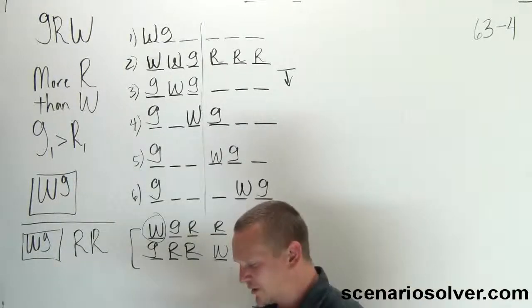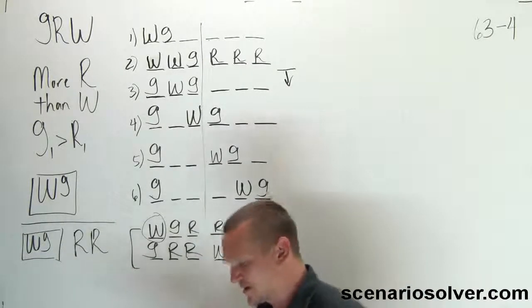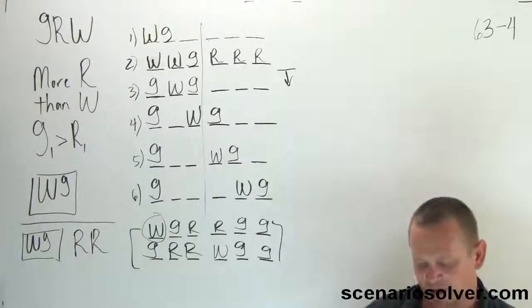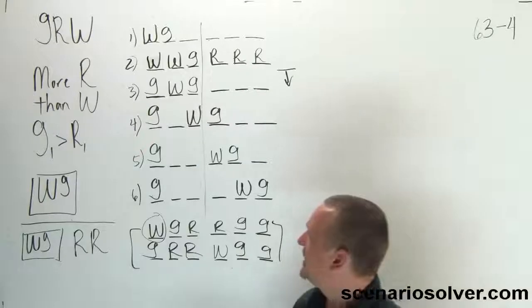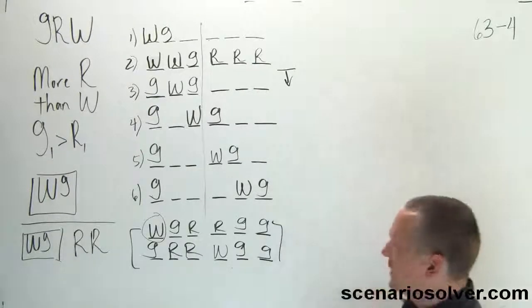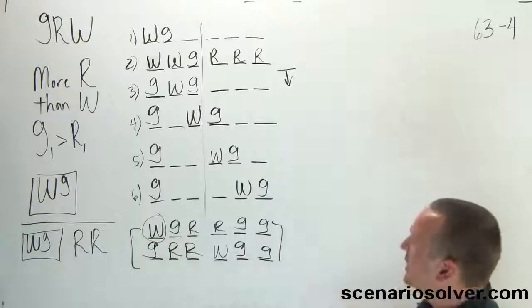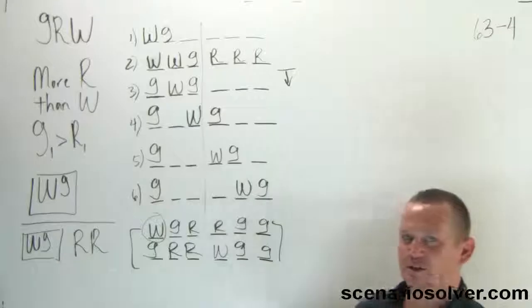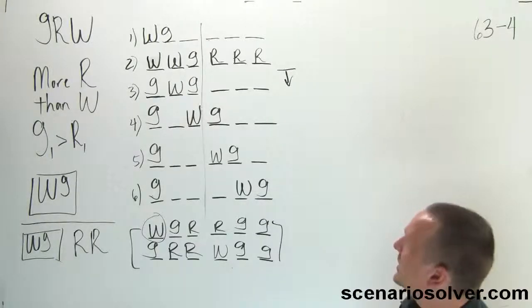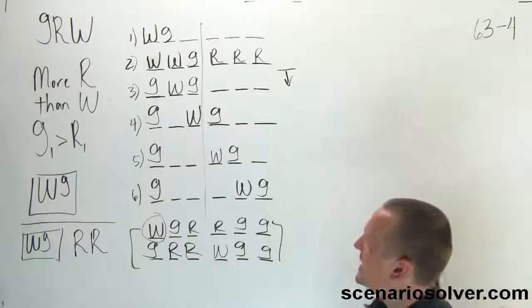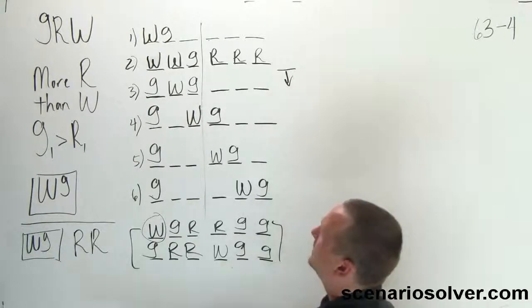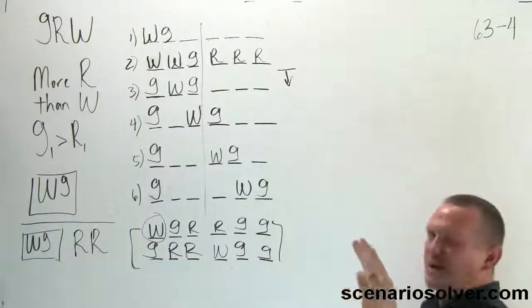All right, the ball in which one of the following boxes must be the same color as at least one of the other balls? Okay, so basically the question becomes, which box is it a requirement that that box be the same color as something else? Well, a good way to think about this, let's look at box 2 real quick.